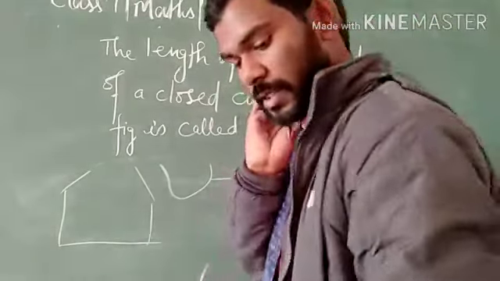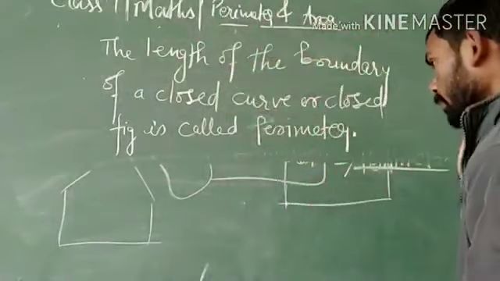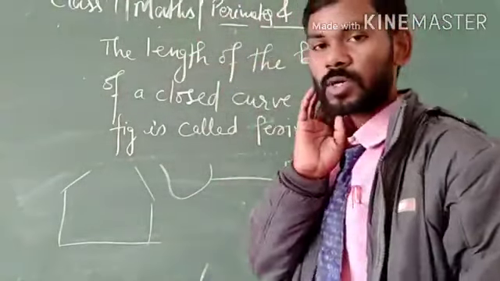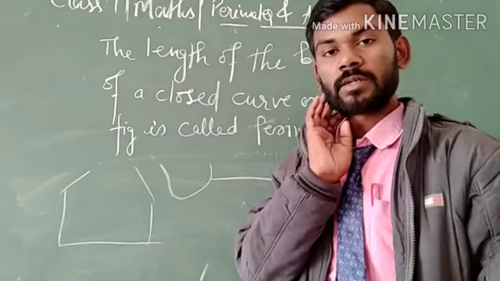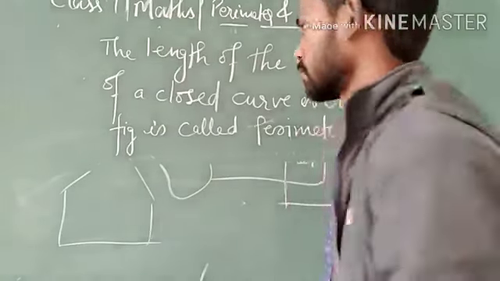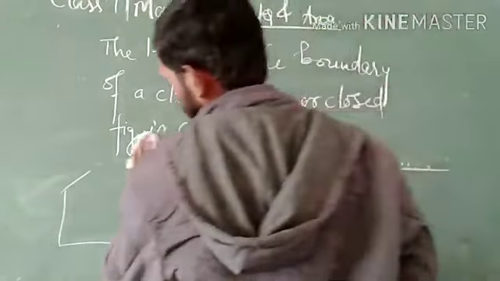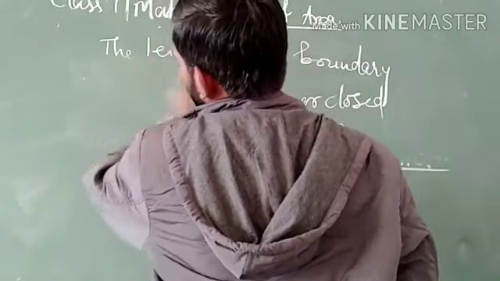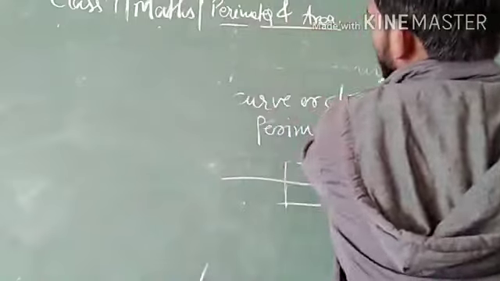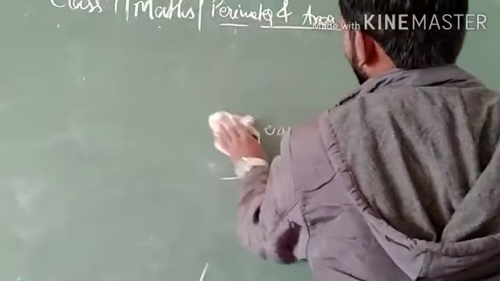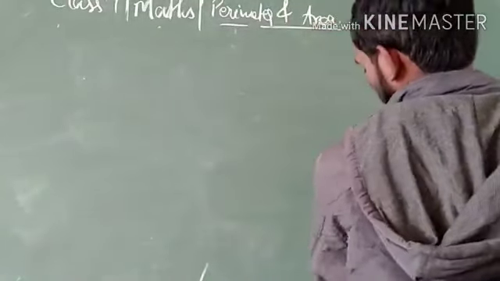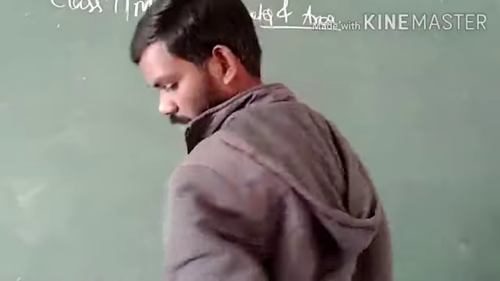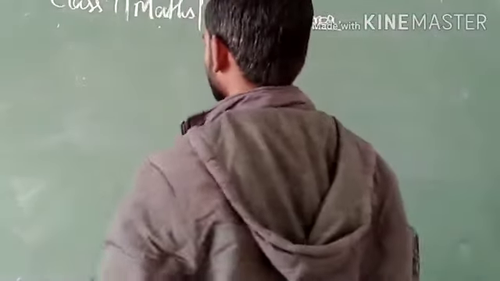Okay, now let us see the formulas for some special figures. We shall also discuss the questions that are based on the formulas which we are going to derive here. So let us see what they are.